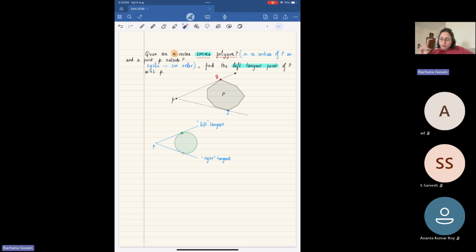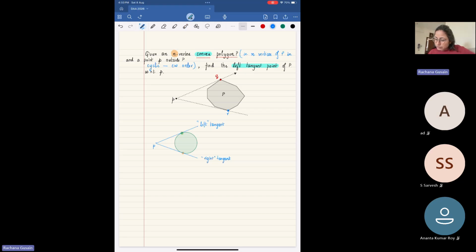And the answer lies in the CCW test. Can you see how to use that test, and on what points should I use that test so that it can return me the correct left tangent point? Just give it some thought.